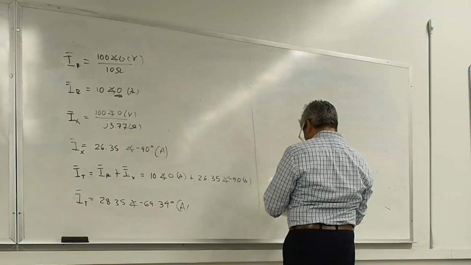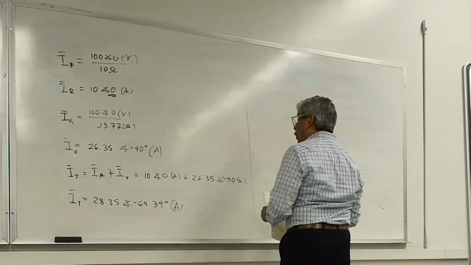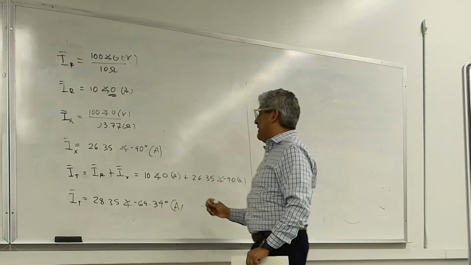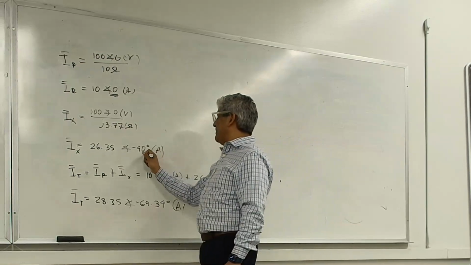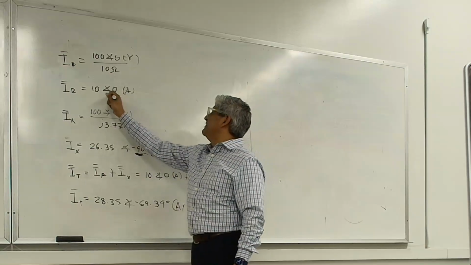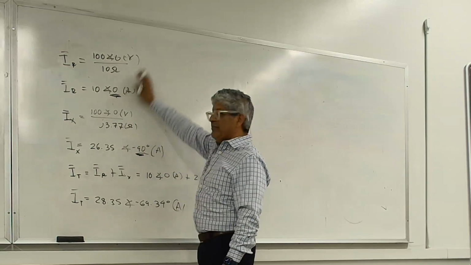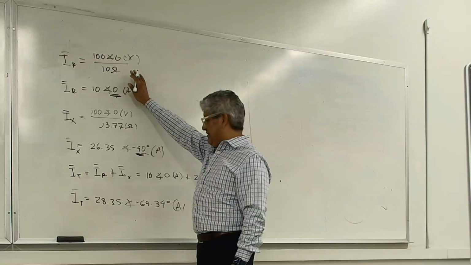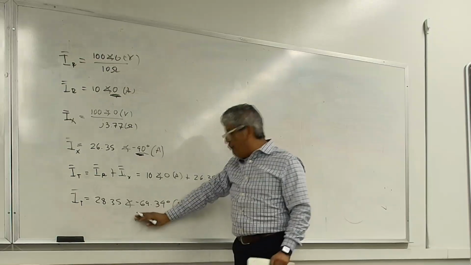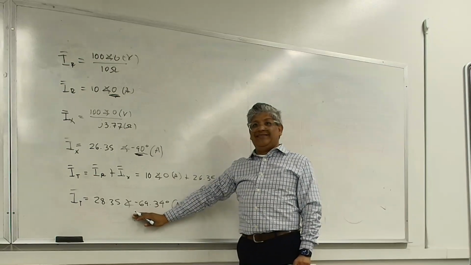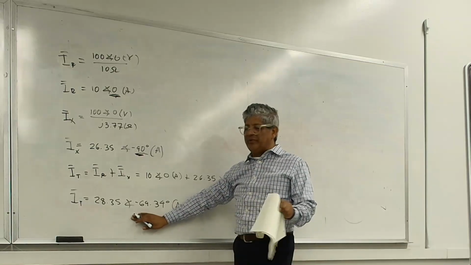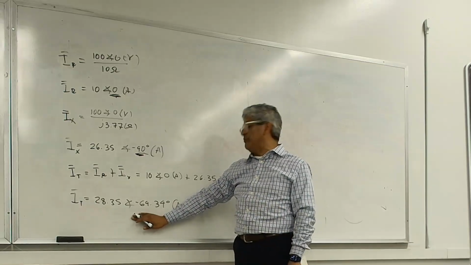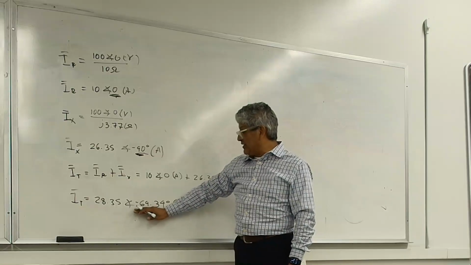Let's start with the angle theta. I almost made the mistake of looking at these angles. Forget about those angles. The angle you're interested in is the angle of the total, not the individual ones for now. We could use them, you can do it both ways, but that's the angle I'm interested in.